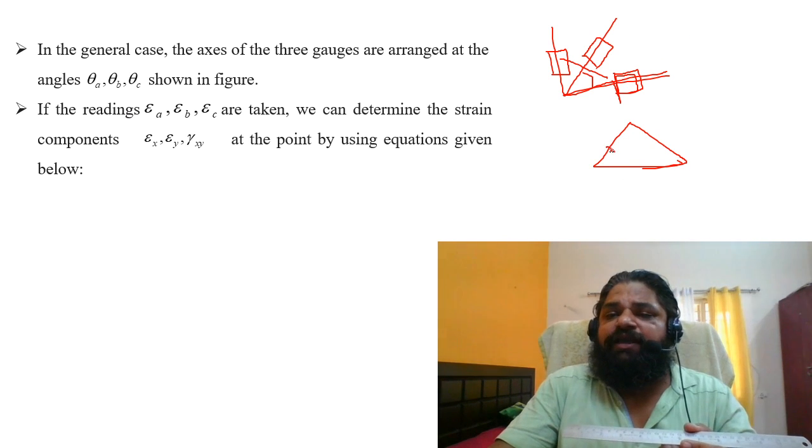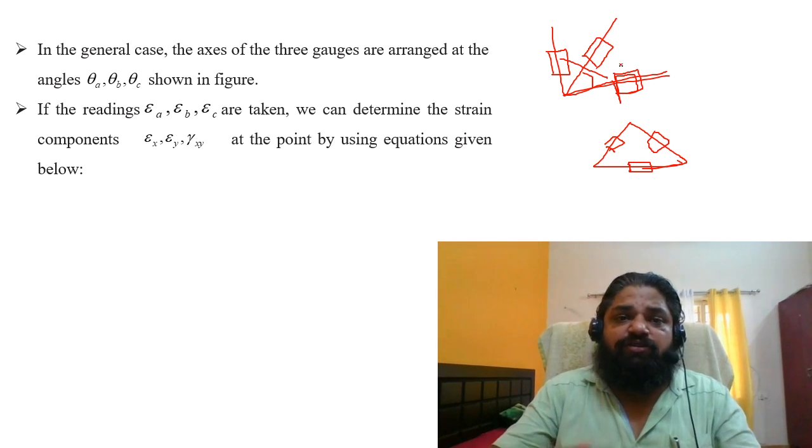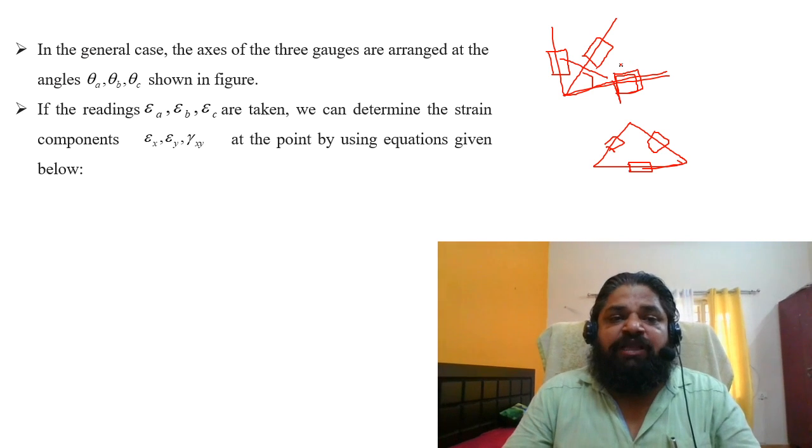I can put one here and one here on this side. Likewise I can put them according to my interest, either changing the angle or maintaining it.